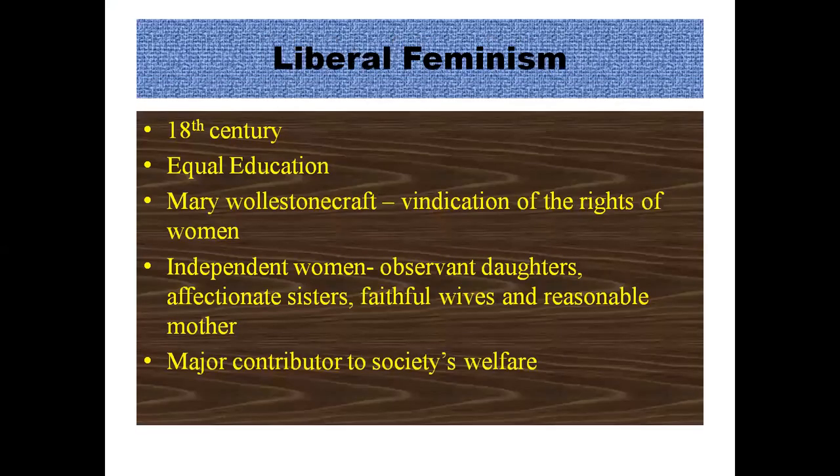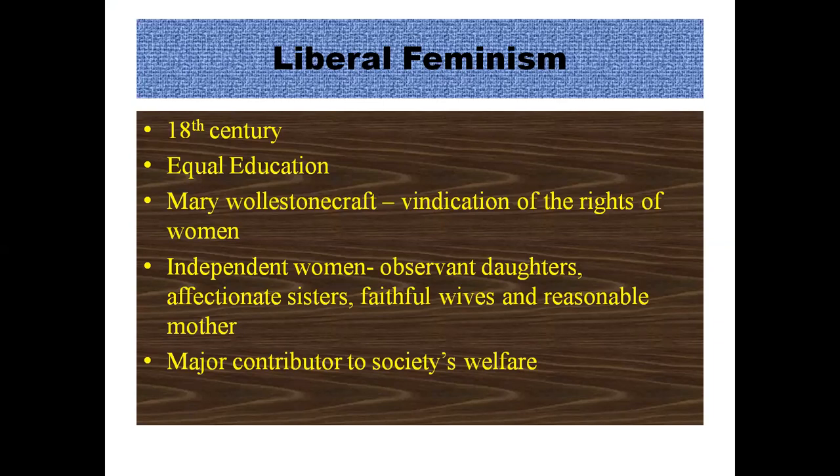Liberal feminism. Liberal feminism starts from the 18th century when liberal feminists started talking about equal education. Mary Wollstonecraft is one of the prominent liberal feminists, and she is very famous for her work, Vindication of the Rights of Woman.